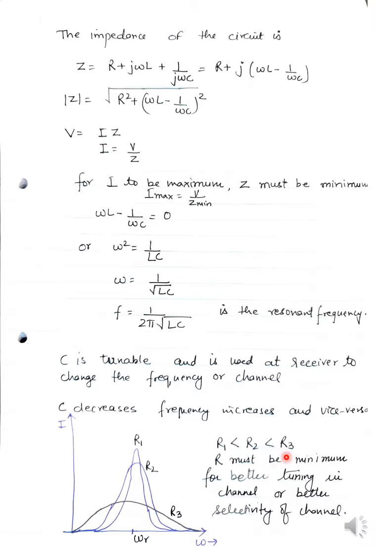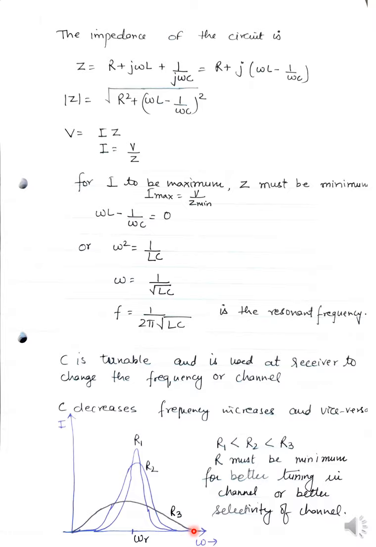Now what's the effect of R on the circuit? So for instance, I consider three resistances, R1, R2 and R3, and you can see that R3 is maximum and R1 is minimum. And I plotted three different waveforms. When we have R1, R2 is this one, and R3 is this one.